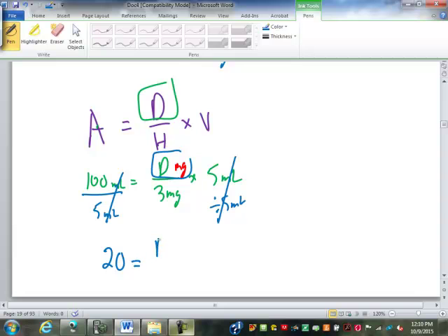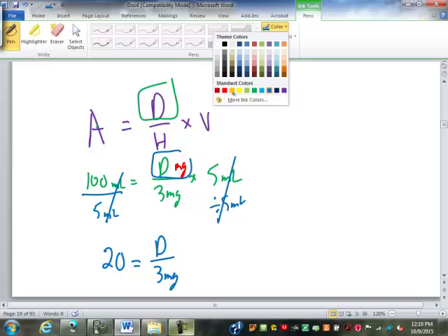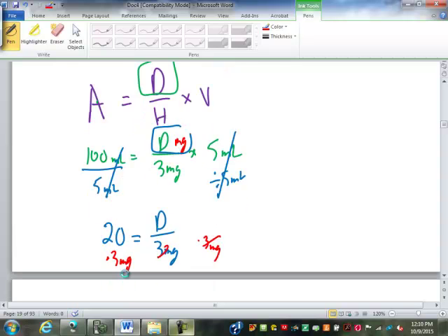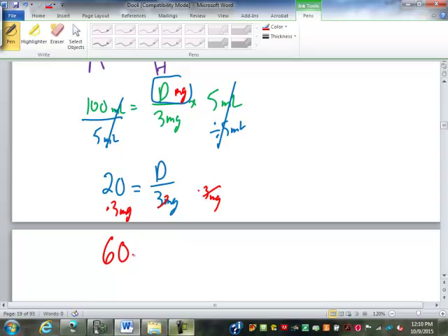So 20 equals my doctor's orders over 3 milligrams. So now to solve, I'm going to multiply by 3 milligrams. 20 times 3 milligrams was 60 milligrams. So the doctor's order was for 60 milligrams.